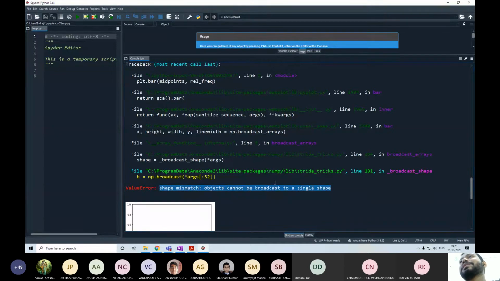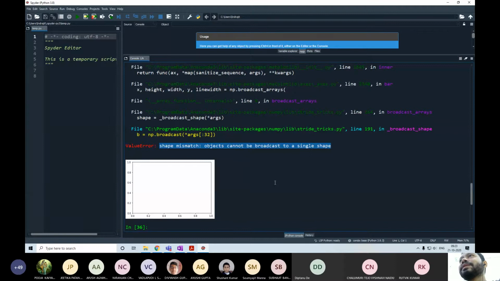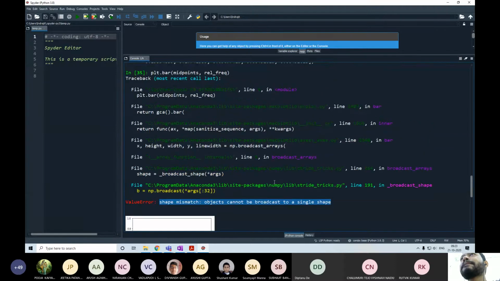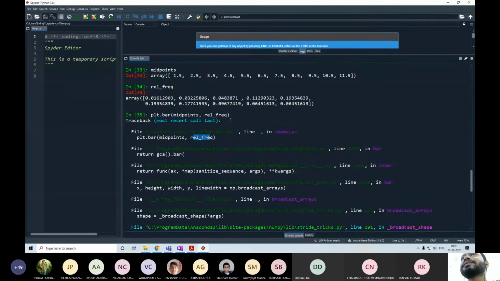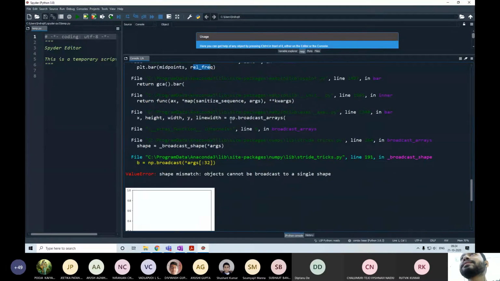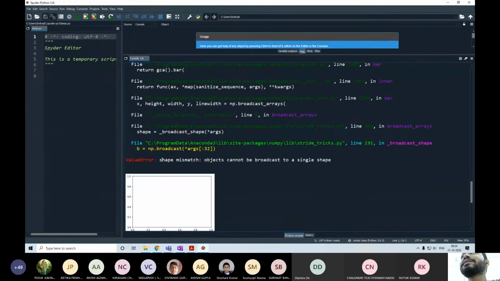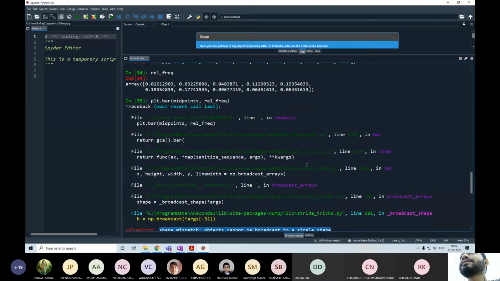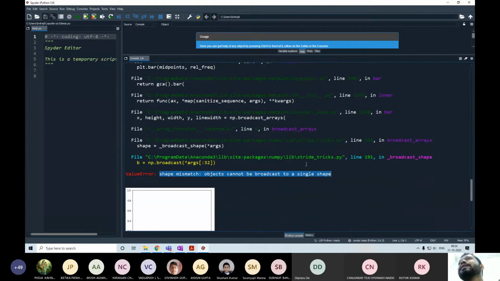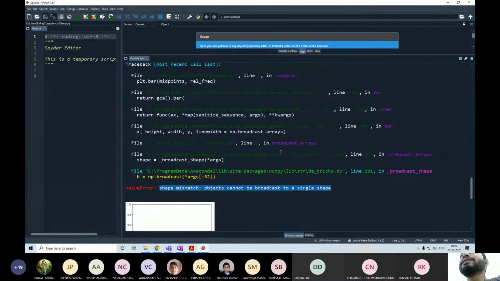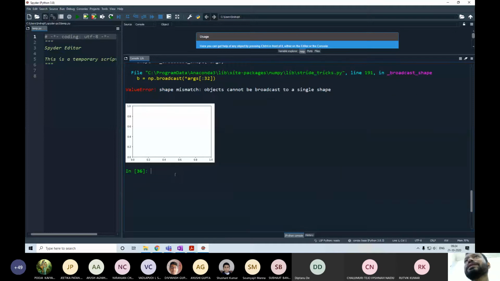Why is there a dimensional mismatch? I actually told you about this 5 minutes ago. So the dimension of midpoints and the dimension of relative frequency do not match. Does anyone remember why the dimensional mismatch is happening? Okay, so let me actually do this.